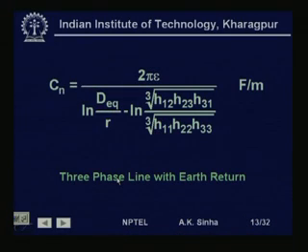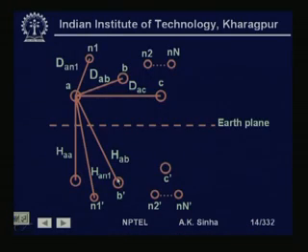Now, we will talk about 3-phase line with earth return. So, again we take into consideration a 3-phase system with neutral wires or the ground wires on top of the phase conductors. This is the configuration that we have for a 3-phase EHV system.